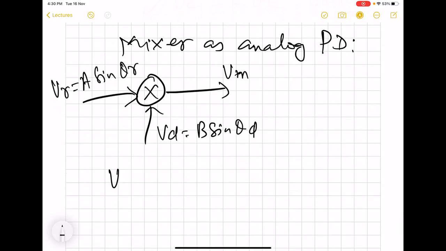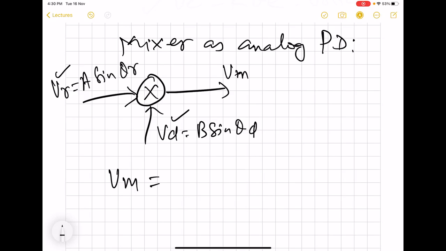So here we will have VM, which we know is going to contain a product of this reference and the difference signal, in addition to various other components. We have seen from various circuits of the mixer that it very rarely produces only these two components, that means the product of VR and VD.